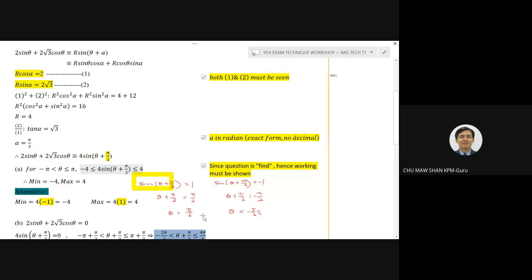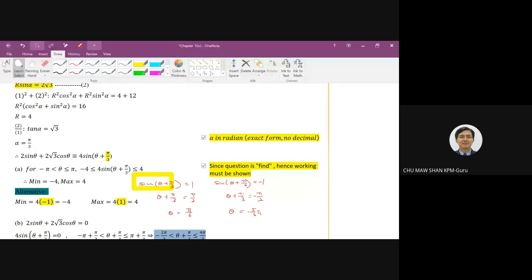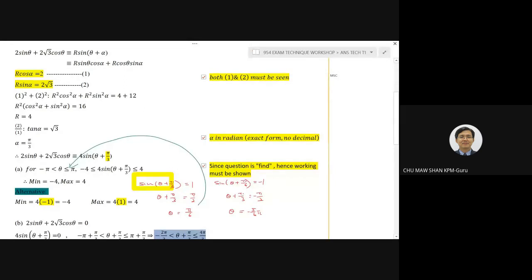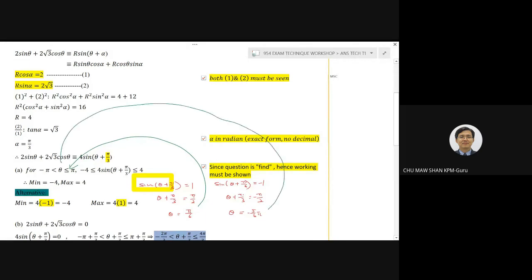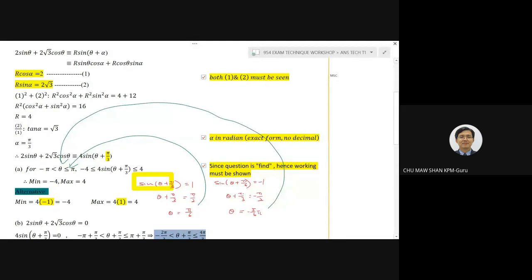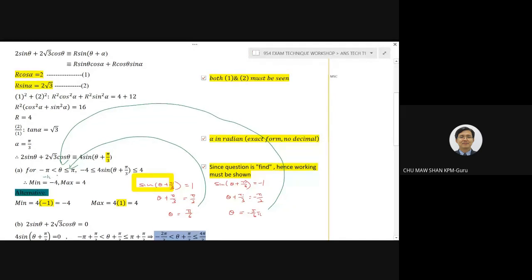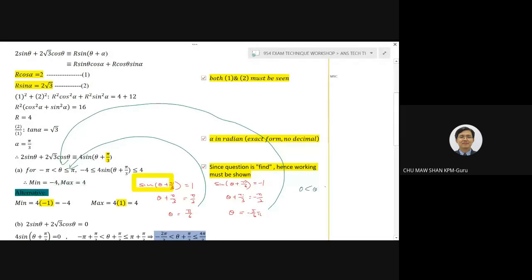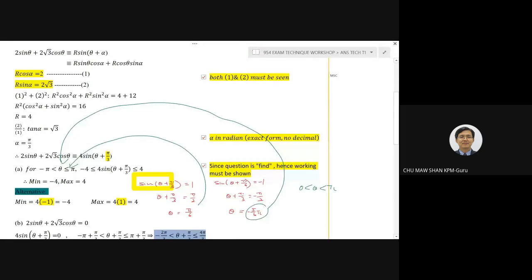So pi over 6 is still in this range. Then I have to check also sine of theta plus pi over 3 equal to -1. I get theta is -5 over 6 pi, which still falls in this range. But if I changed the question so that theta is between 0 and pi, then this could not be used, and it would not equal -1 here. That would be a different story.